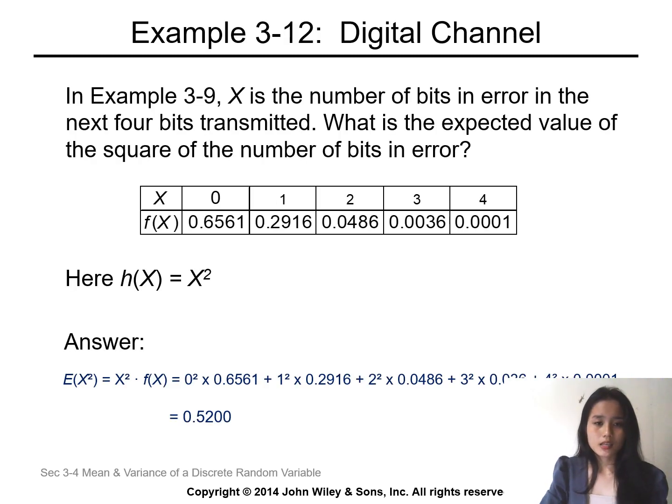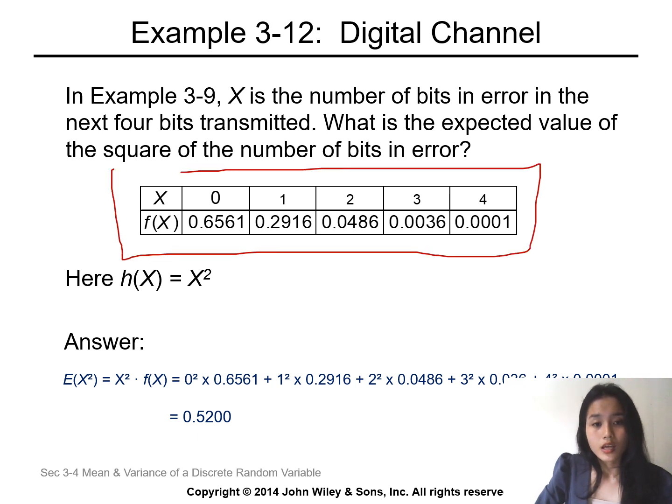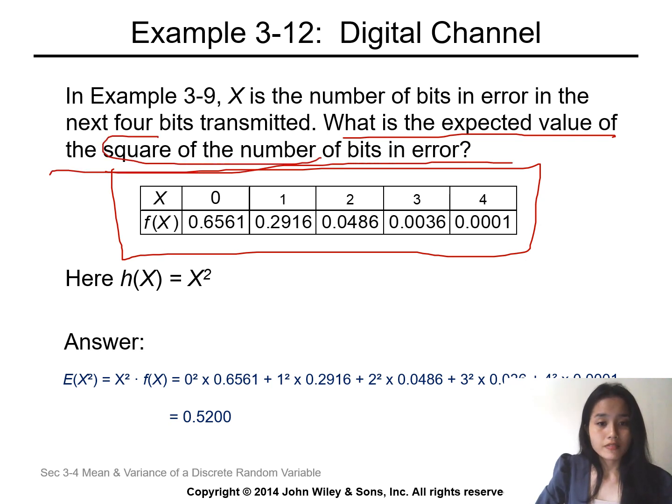The problem uses the table given earlier, and what is being asked is the expected value of the square of the number of bits in error. Here h of x is equal to x squared.